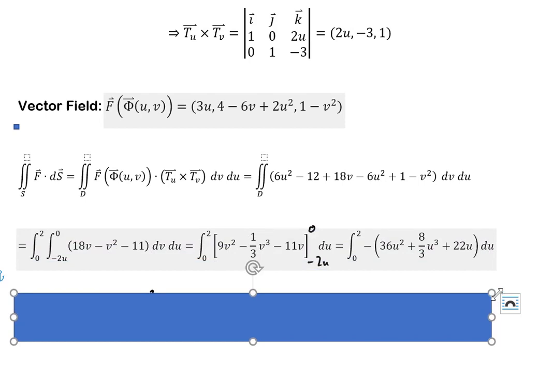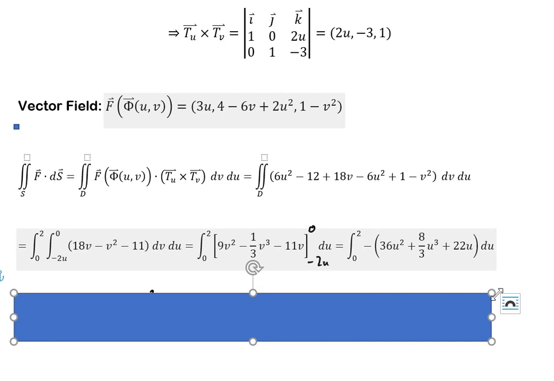We're going to integrate with respect to v first, and we have to, because if we try to integrate with respect to u first and then v, we're going to get an answer left in terms of u's, and that's not what we want. Integral with respect to v, pretty straightforward. Take your top bound of 0, plug it in, you get 0.